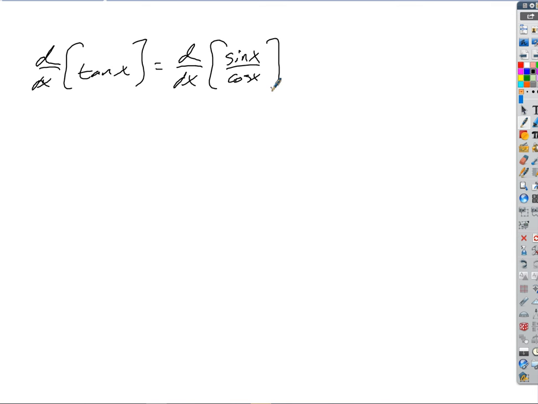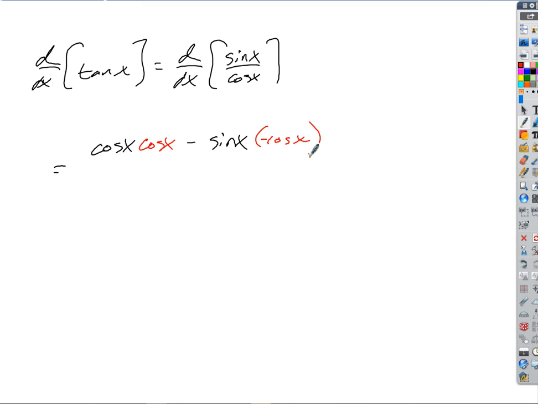What do you think, Liz? You're going to get cosine x times the derivative of sine x, which is cosine x, minus sine x times the derivative of cosine x, which is negative sine x. Everybody agree?